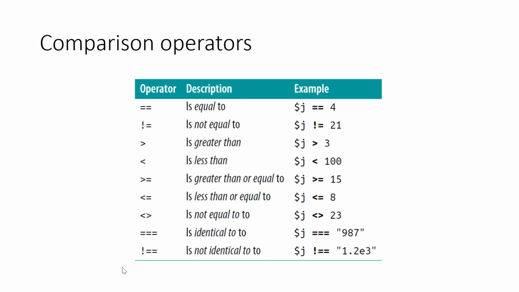And the last two things are very important. Sometimes when you're comparing two things, if you use the equal sign, it doesn't check whether it's a string value or an integer value. So for example, you can type echo and check whether 4 is equal to the string 4, and it will say true.